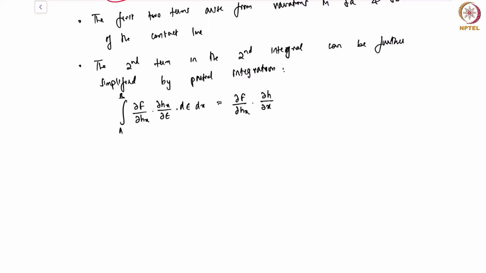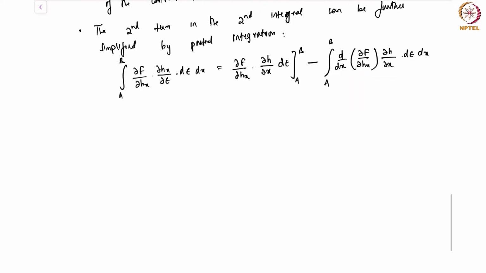Because the integral with respect to x, I can directly do an integration. hx becomes h, and I have d epsilon. This is from A to B, minus the integral from A to B of d by dx of del f by del hx times del h by del x d epsilon dx. This is what we have.